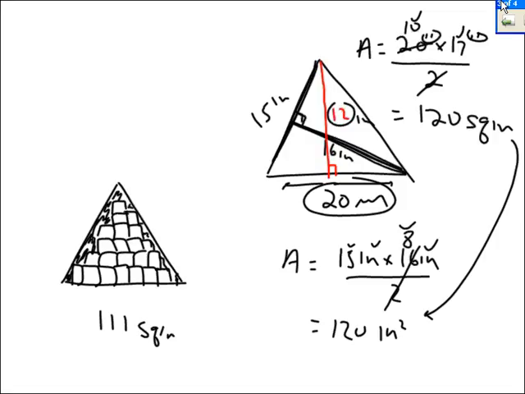Well, what's left over is going to be 9 more square inches for a total of 120 square inches. Put the pieces together, you will get 120 square inches.